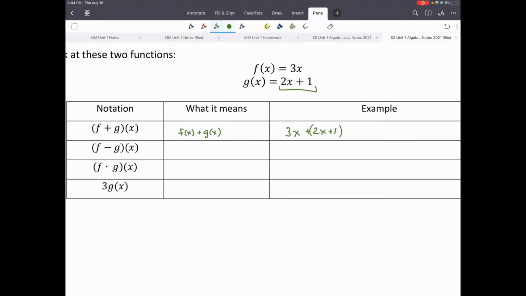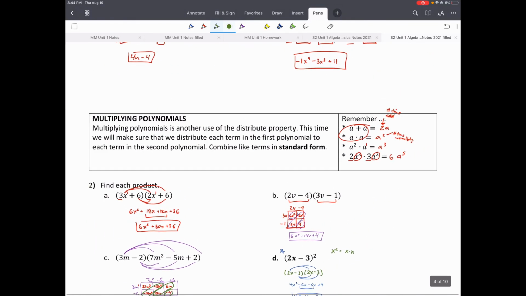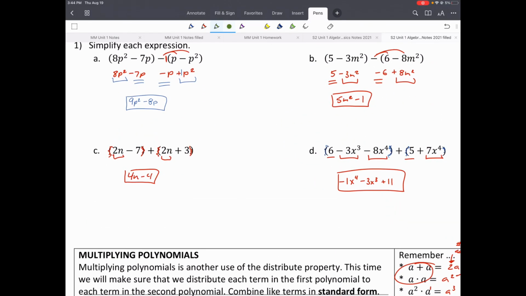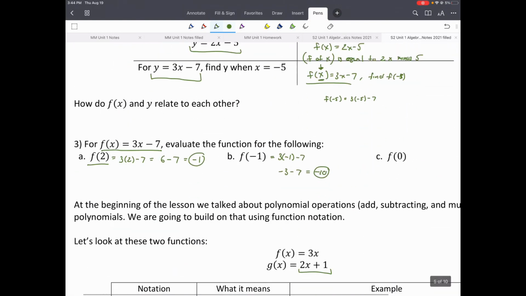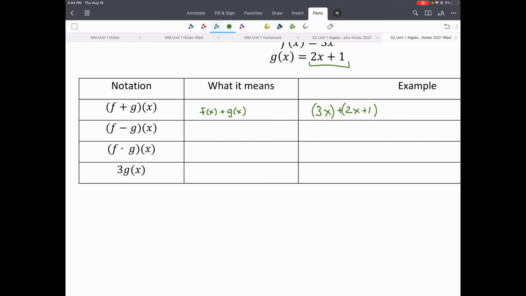And whenever you substitute something in, I would typically put those in parentheses, just like we did right here, where they were in parentheses. Whether or not you will need them, I think it's good to keep those grouped. So now we got f minus g of x. Well, that's the same as f of x minus g of x.